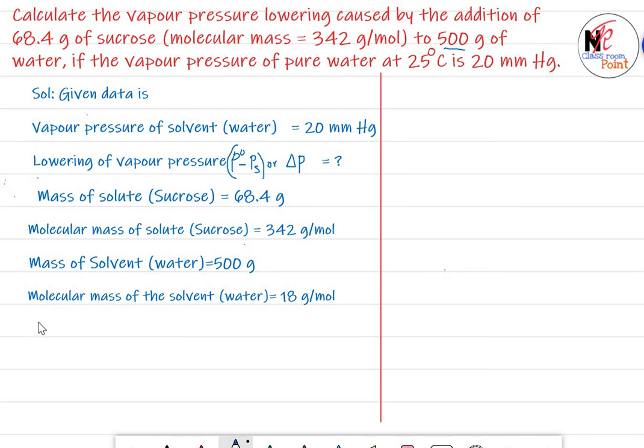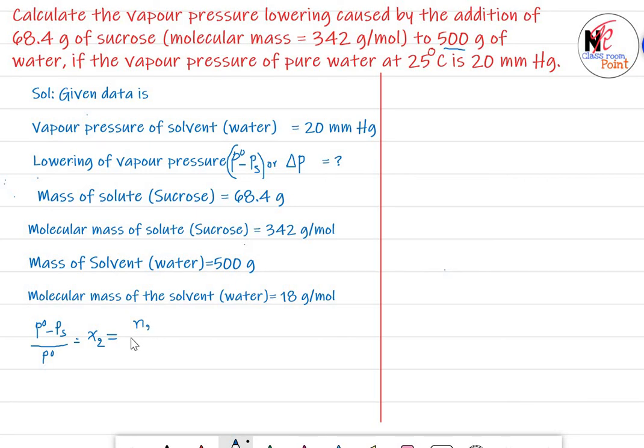We know the formula according to Raoult's law: P0 minus Ps divided by P0 is equal to the mole fraction of the solute.